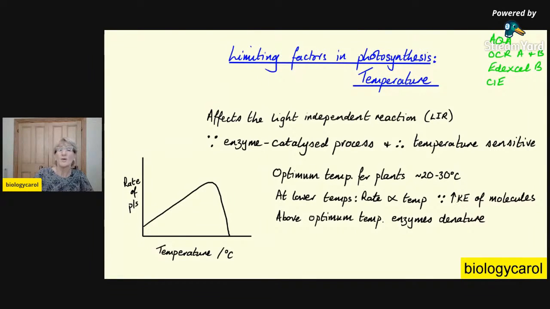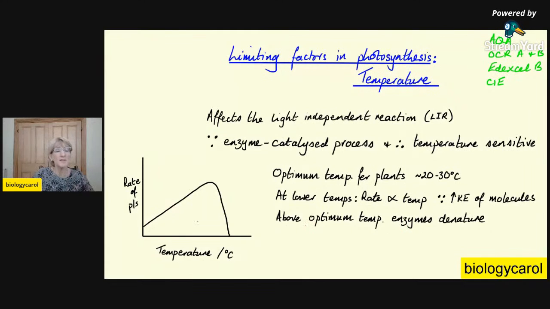And that is because temperature increases the kinetic energy of molecules and enzymes and causes those enzymes and molecules to collide, and therefore the number of enzyme-substrate complexes to increase, and therefore the rate of reaction to increase. Above the optimum temperature, enzymes of course denature.